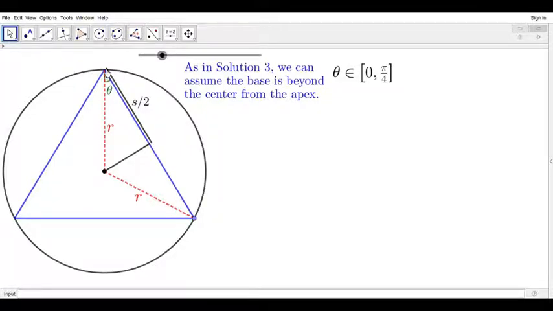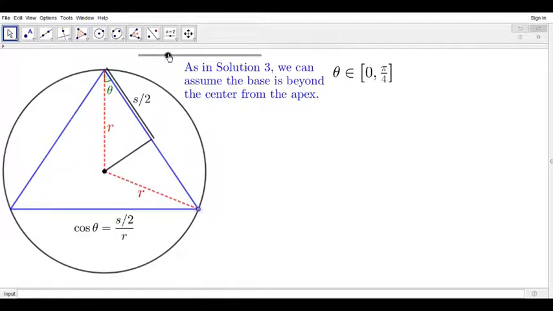Now if you look at this right triangle, you could relate them by this trigonometric equation: the cosine of theta is adjacent, s over 2, divided by r. Which means that the side is 2r times the cosine of theta. So yippee, now we have the following area formula in terms of theta.